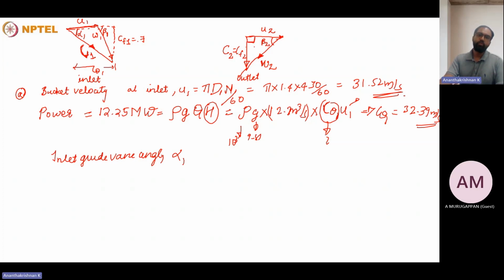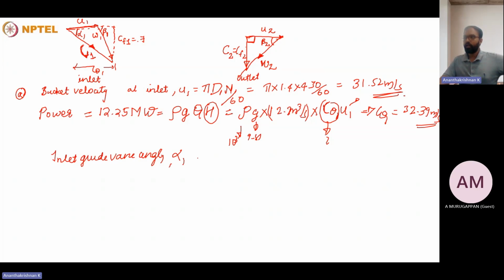Since this is a swirl free flow, the absolute velocity makes 90 degrees with the blade velocity direction. So the inlet guide vane angle alpha 1 can be written from the velocity triangle. We know the value of the flow velocity term, that is given as 9.5.